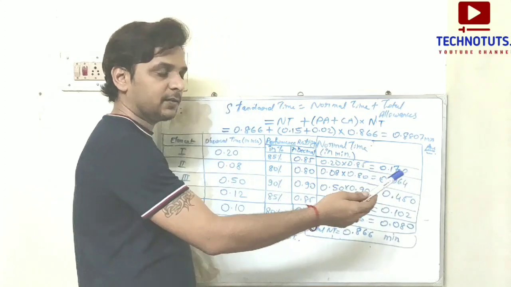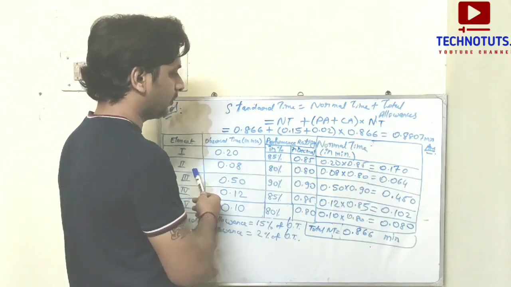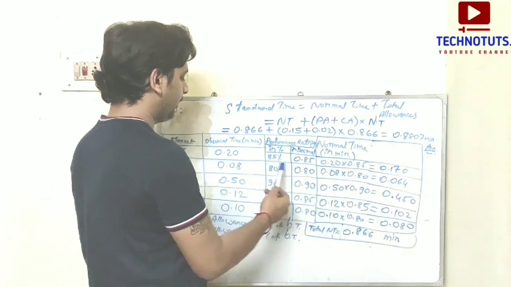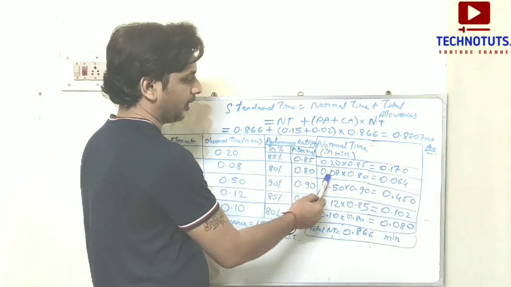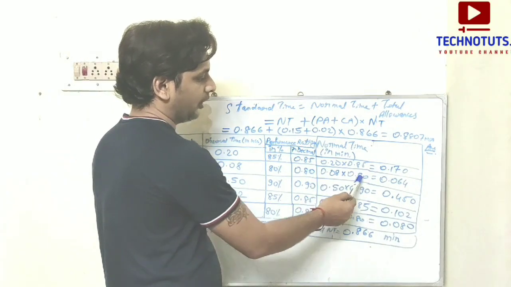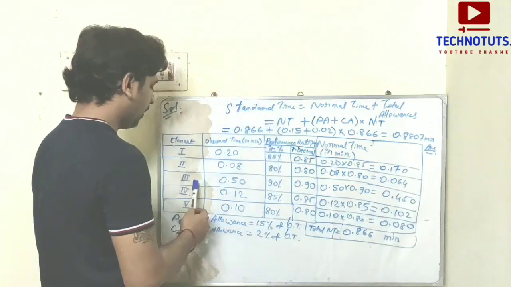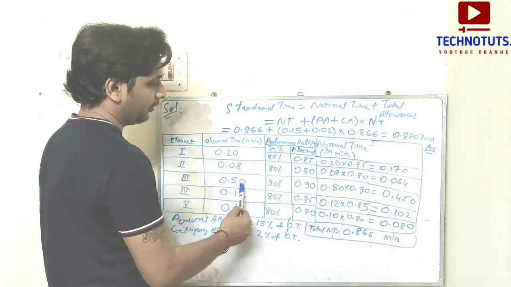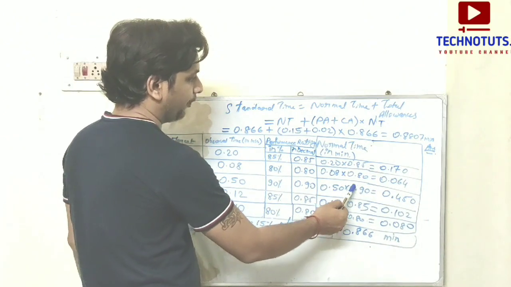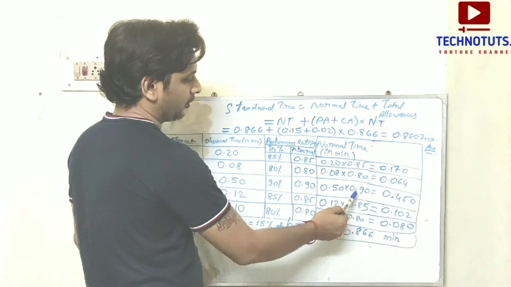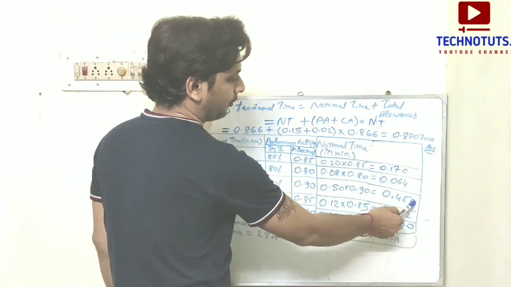In a similar way, we will calculate for element 2 also. Here observed time is 0.08 and performance rating is 0.80, so the value is 0.064 minutes. For element number 3, observed time is 0.50 into performance rating 0.90. The value is 0.450 minutes.